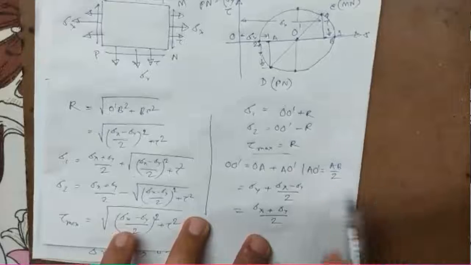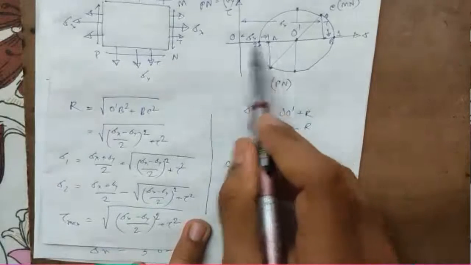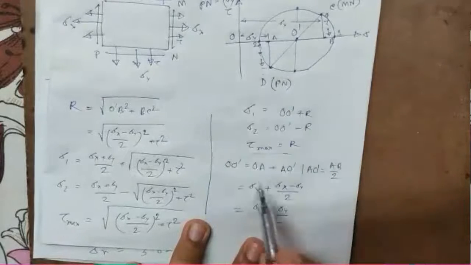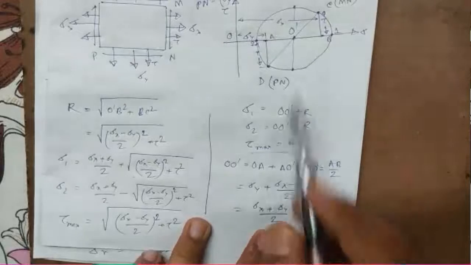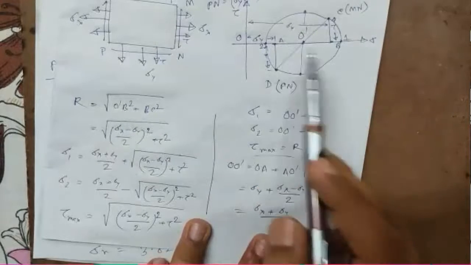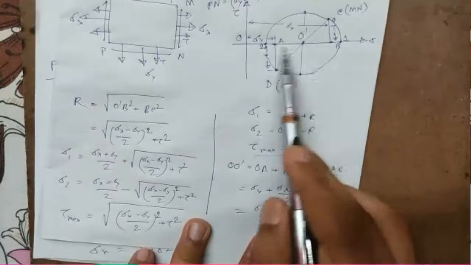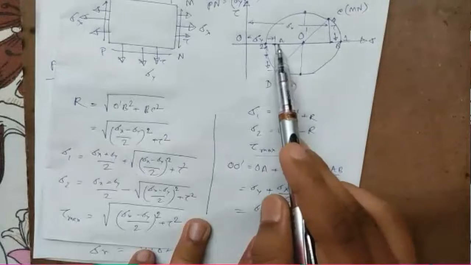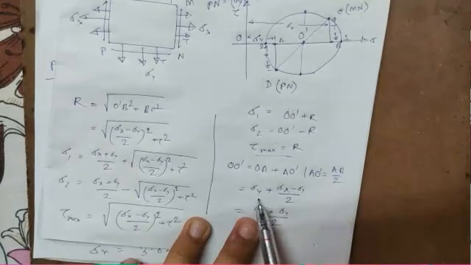So now OA can be written as sigma y; we will write sigma y in place of OA, plus AO dash, which is half of AB. AB means sigma x minus sigma y, so half is sigma x minus sigma y by 2, which gives us AO dash. So sigma y plus sigma x minus sigma y by 2. Upon solving we get sigma x.